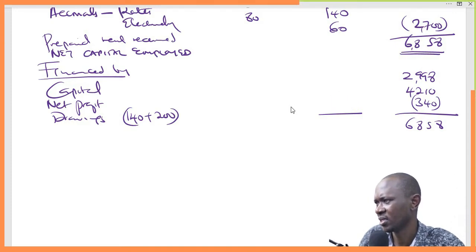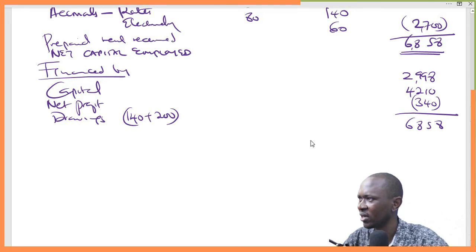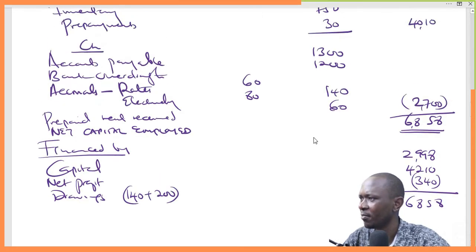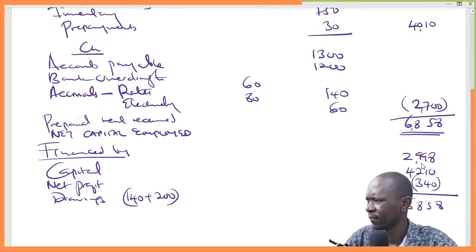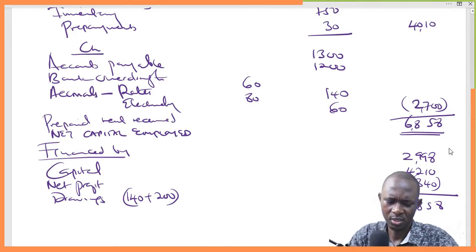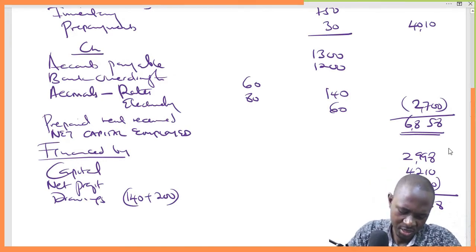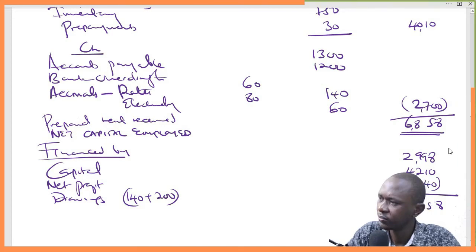Then see if these figures look like they are not balancing. We'll just find out what is the cost. Oh, they are balancing, 68. Let me get the total right. 29.98 plus 42.10 plus minus 340. This gives us 68.68.